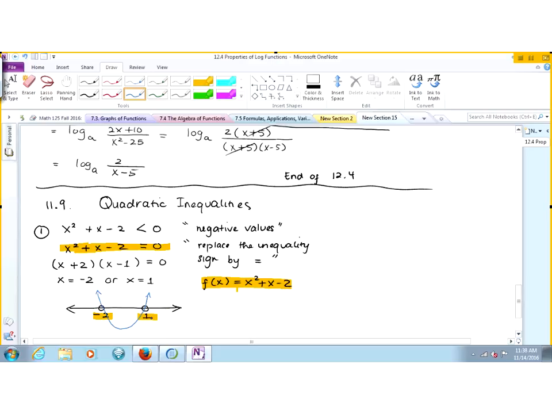But I know the x-intercepts, they're -2 and 1. Now, this is how I look at it. If it's above the x-axis, the function is positive. So this is 0, this is positive. And what about if it is below? Negative, and this is above again, so this is positive again, right?